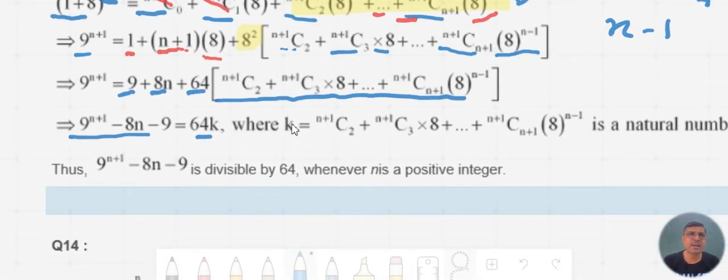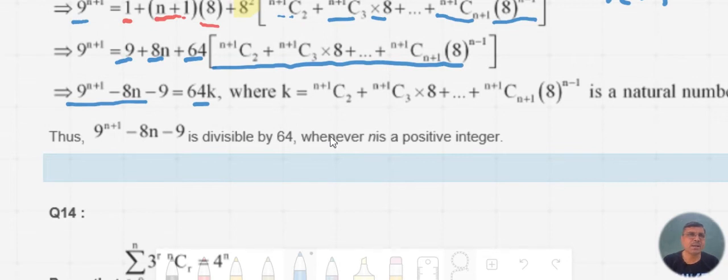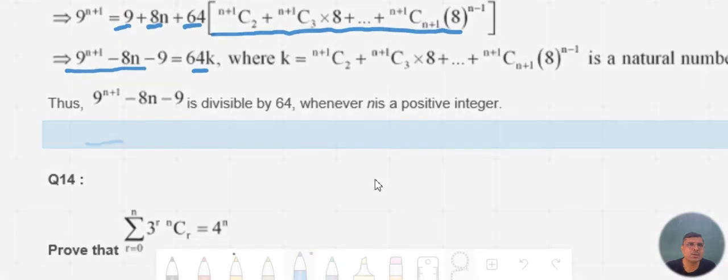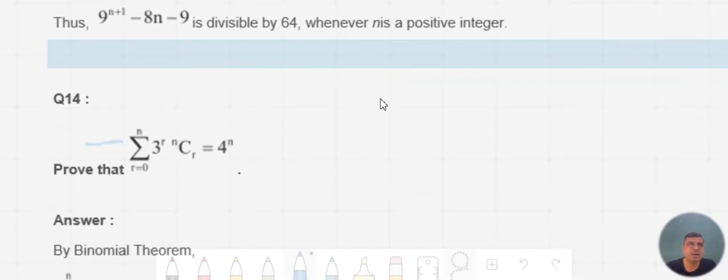It will be any natural number. So this term 8 raised to n is divisible by 64, where n is a positive number. Alright, so not very difficult to understand.